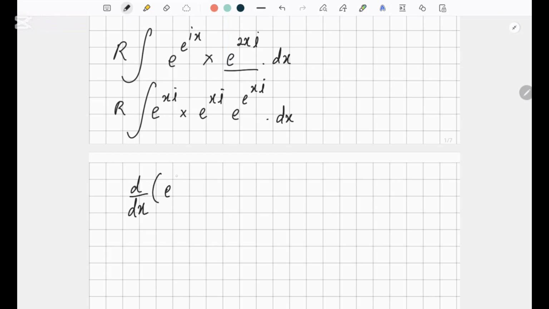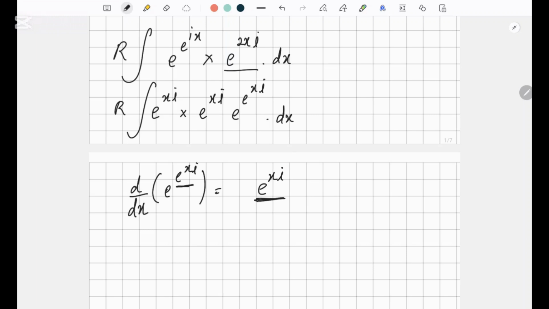Now what does this give you? How do you differentiate e to the power terms? First you differentiate what you have at the power. So how do you differentiate e to the power xi? So i, you could consider as a number. You don't have to worry about that. It's not a letter, it's a number, because i equals root of minus 1, right?